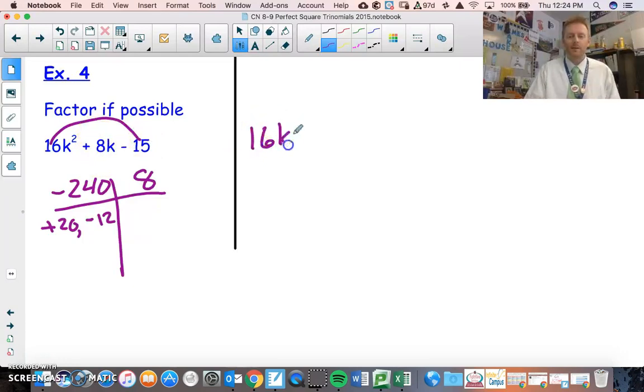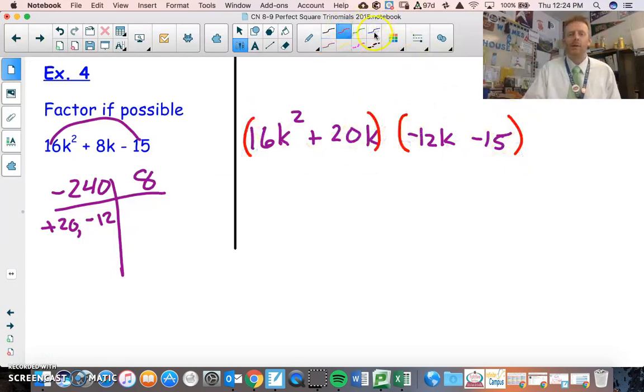So we have a 16k squared, and then we're going to put a plus 20k, and then minus 12k and minus 15. I'm going to group together in that same order because they kind of go nice together.